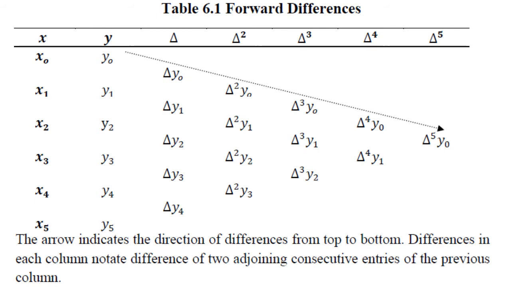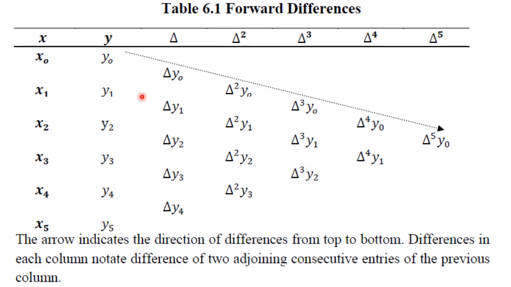If you have the x values here and the y values are given, x values x naught, x1, x2, x3, x4, and x5, and similarly you can have many values here, and the function values are y naught, y1, y2, y3, y4, y5.